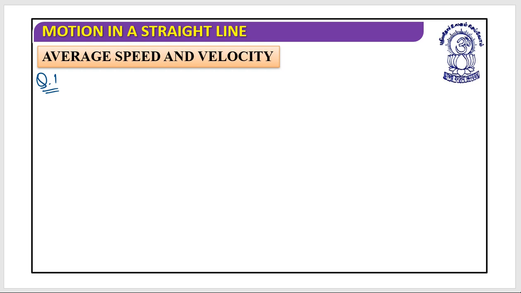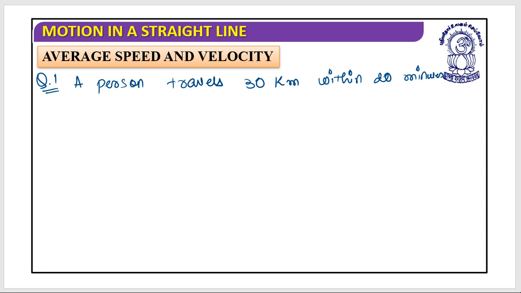Now let's suppose the data: a person travels 30 kilometer within 20 minutes and another 40 kilometer within 30 minutes of time.